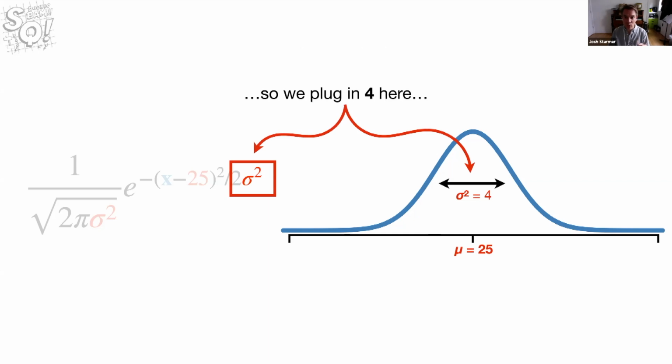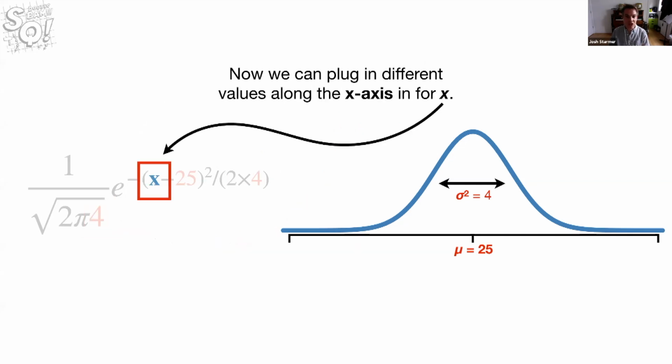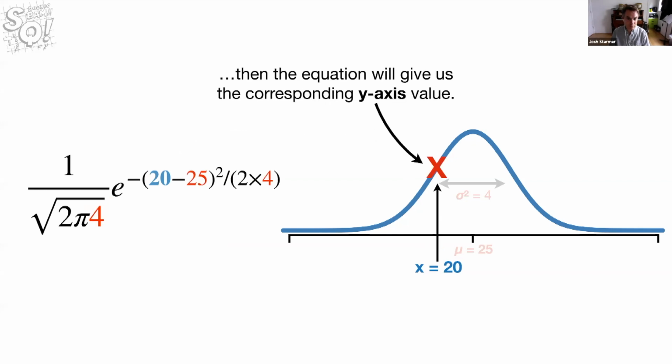So we plug in 4 here, and we plug in 4 here. We can now plug in different values along the x-axis for x. For example, if we plug in x equals 20, then the equation will give us the corresponding y-axis value.